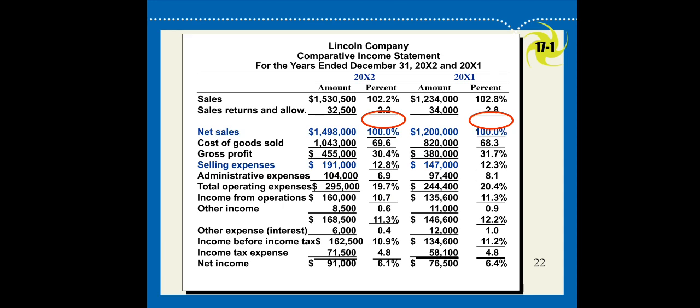First you have to know how to prepare column number 3 and 5. After that, you have to know how to interpret the data. So the first thing that you can do is you can see that the profit of the business is 6.1%.